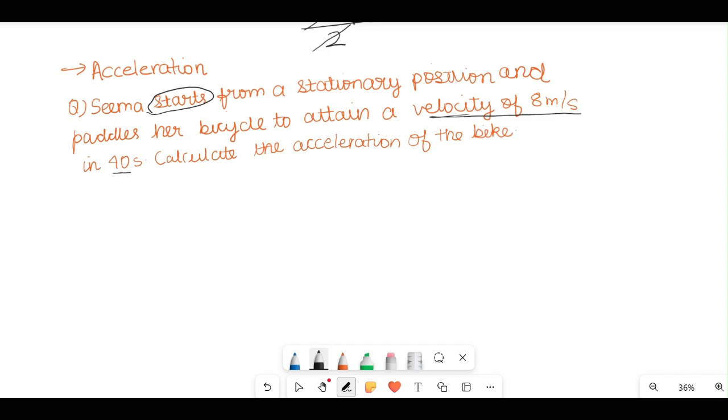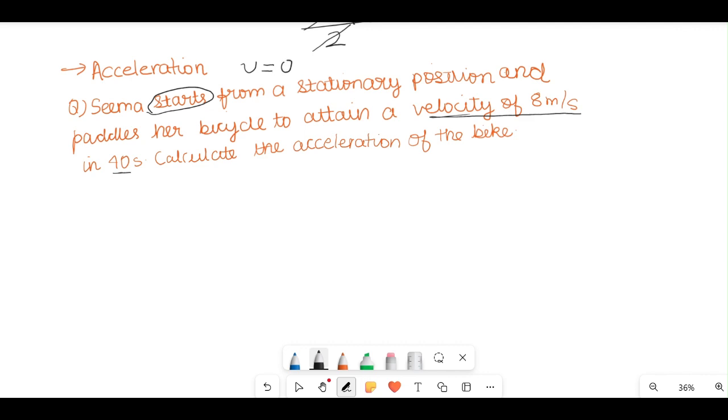We have been given that Seema starts from stationary. Whenever it is at rest, whenever it is stationary, always the initial velocity will be 0. So u here will be equal to 0.